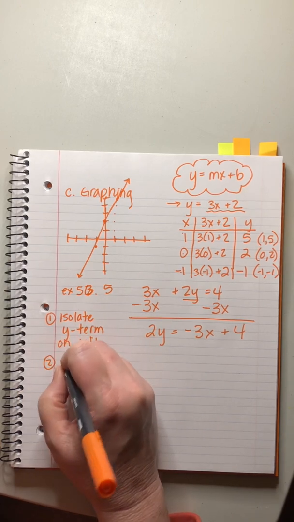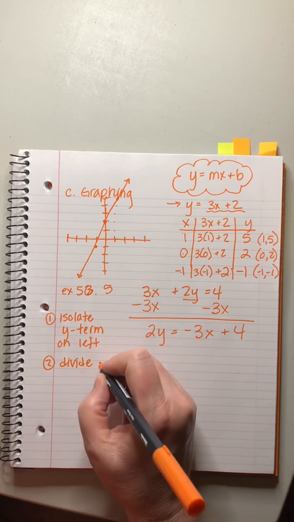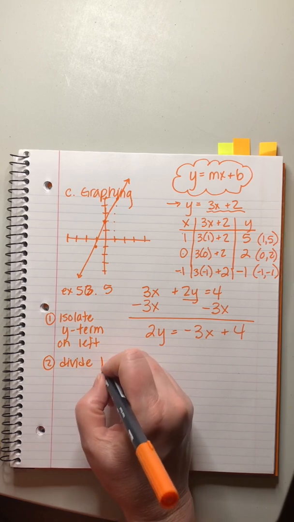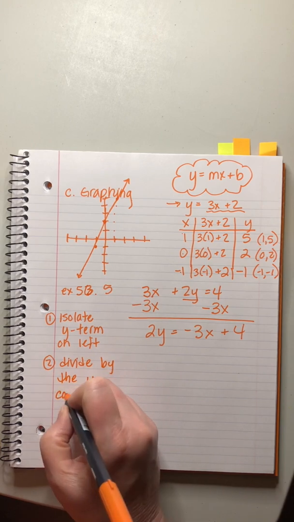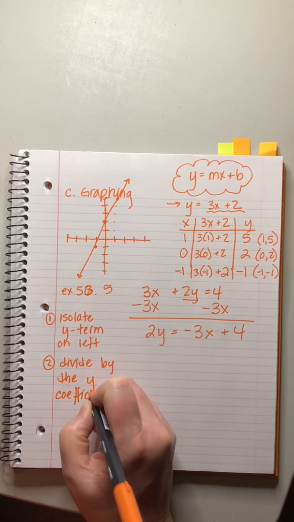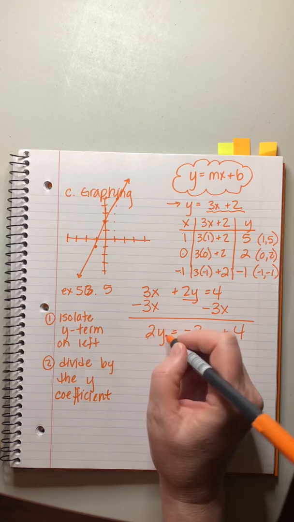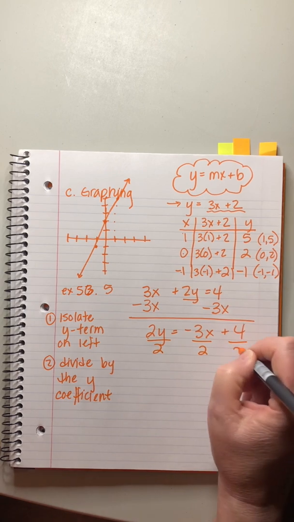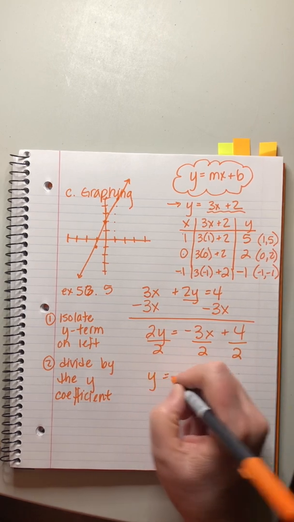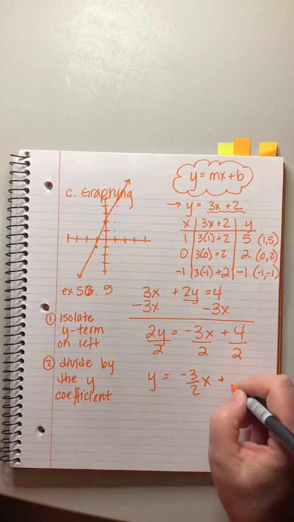And then we divide by the y coefficient. That's fancy math talk. What that means is 2 is the number chilling in front of the y, so now we have to divide that to make it go away. And so we get y equals minus 3/2 x plus 2.